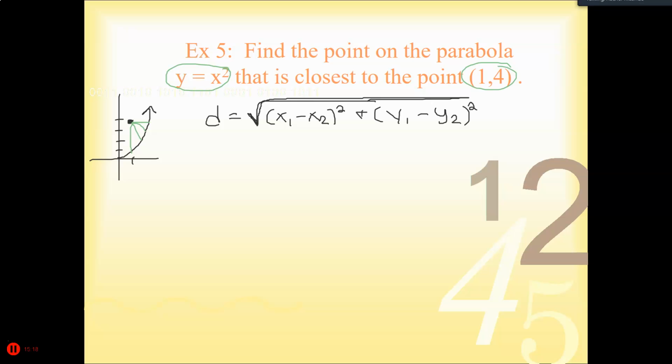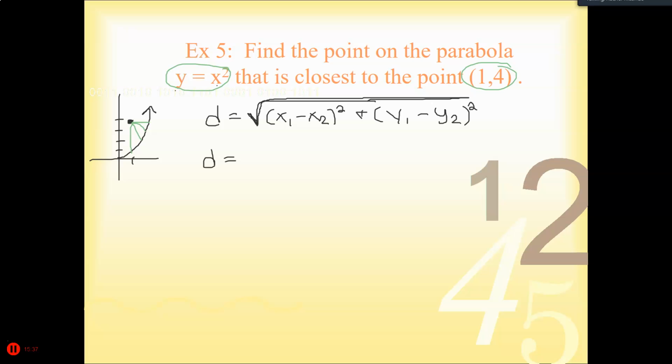Okay? So obviously we're trying to minimize distance, and our equation is y equals x squared. So I'm going to make my x1 and my y1 from x squared.